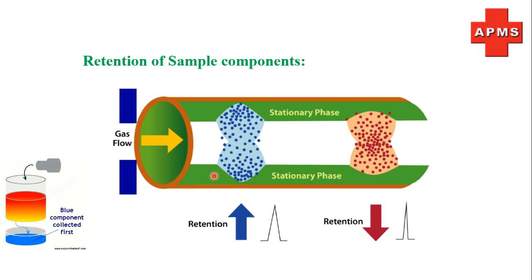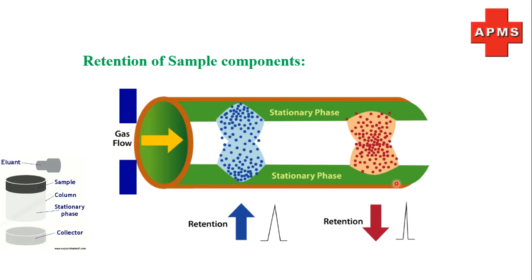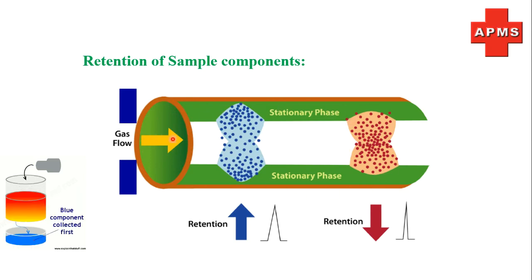This is the basic principle of retention of sample components. When a sample enters from this side of the column, see, this cylindrical shape is a part of the column. This is a column, a type of hollow tube, which is filled with the stationary phase.